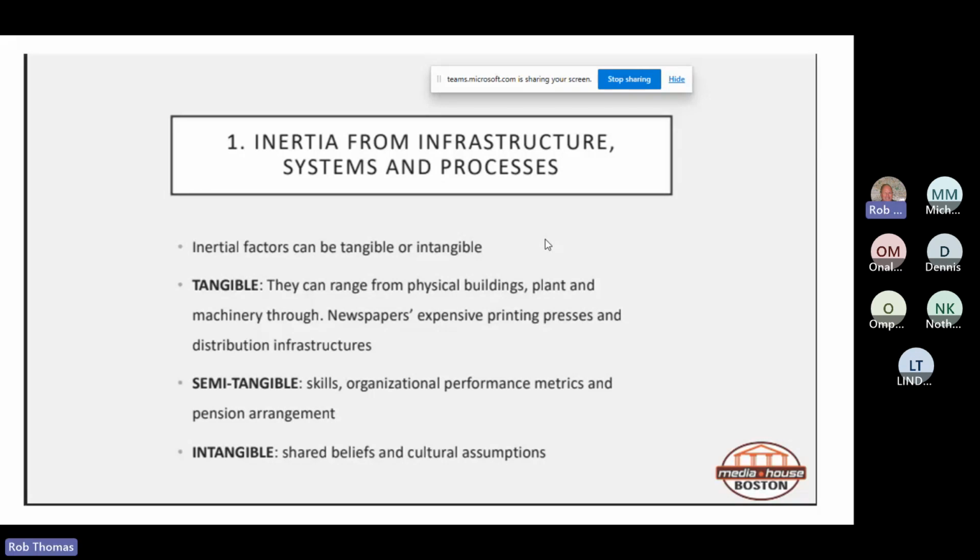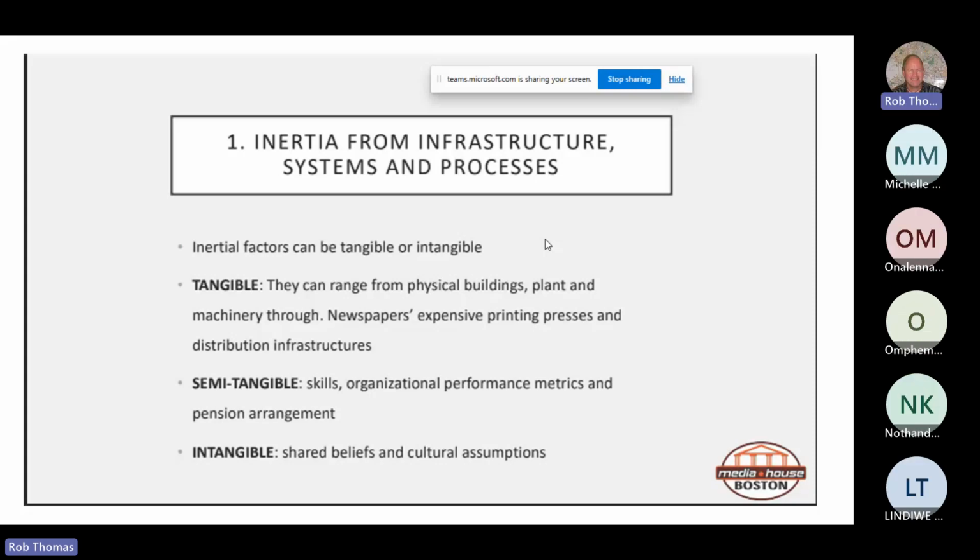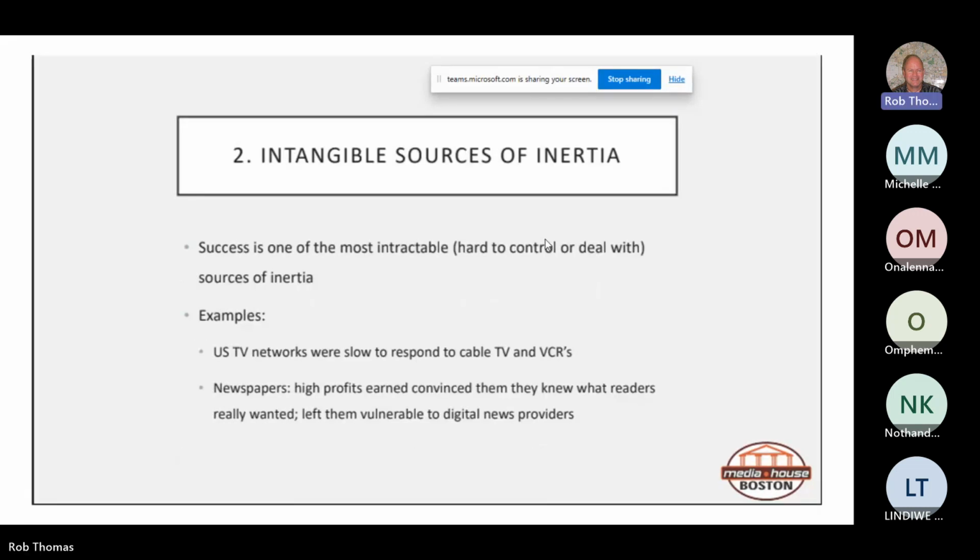You could argue that in terms of critical race theory and decoloniality, the Europeans forced themselves on local peoples and forced them to embrace Western technologies at the time. So ships and farming methods and money and free market economies and those kind of things. Think about it. You guys all speak English today because South Africa is a former British colony. Okay, and however you feel about that. So those can also lead to inertia. Right. Intangible sources of inertia.